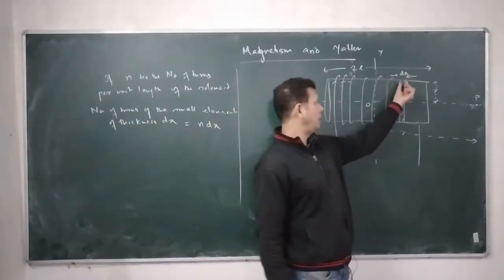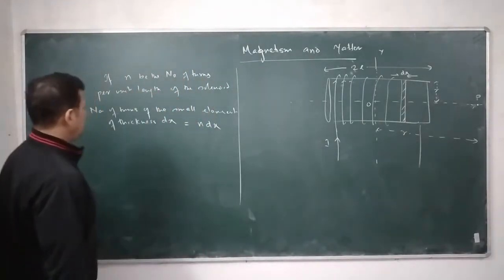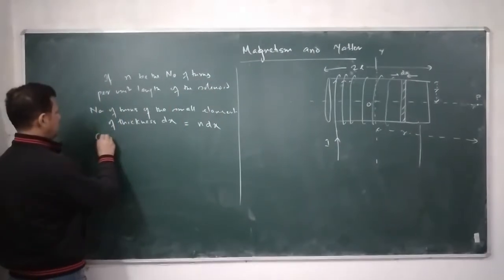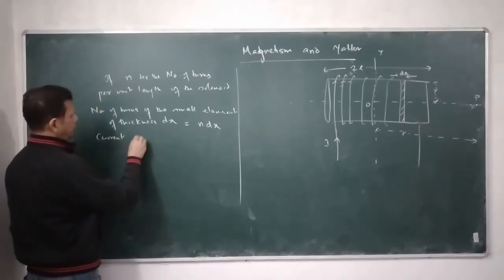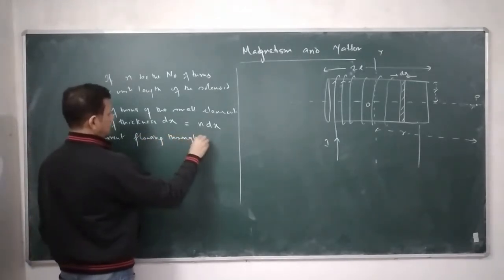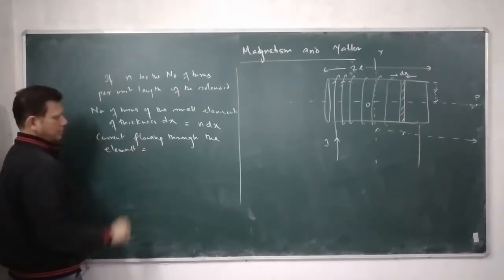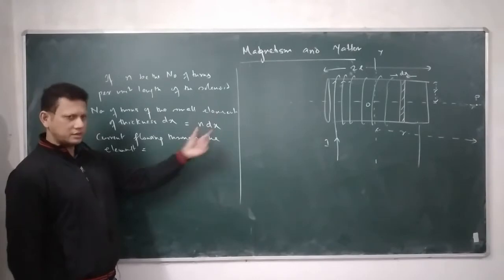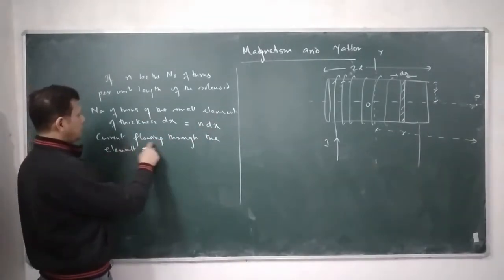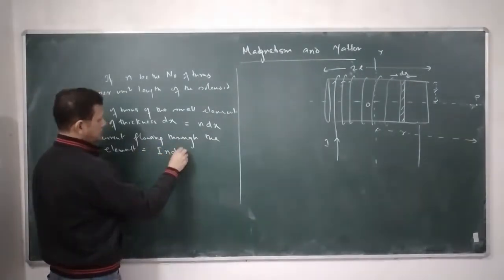of this small element of the solenoid, which is also carrying a current. And we know each turn carries a current of how much? I. So therefore, the current flowing through the element will be equal to the number of turns into the current through each turn, which is I. So the current flowing through the element will be equal to I into n dx.